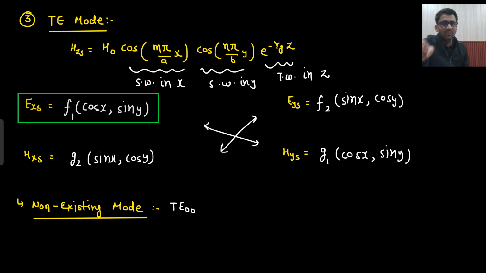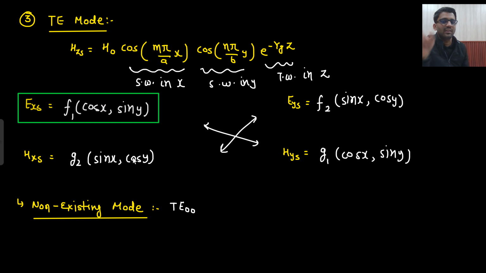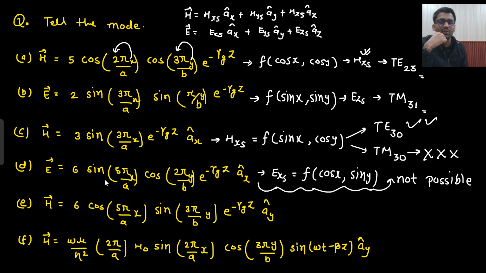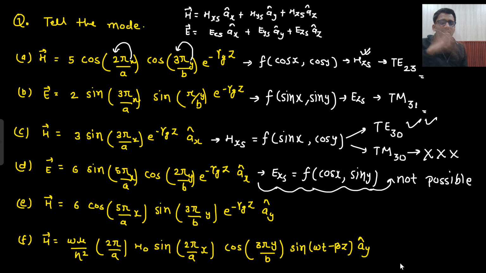Because whether it is TE mode or it is TM mode, Ex will certainly be a function of cos x sin y. But here what they are saying, that your Ex is a function of sin x cos y. Is that possible? No, not possible. So this expression itself is wrong. So it is neither TM mode, nor TE mode, it is no mode. This expression is not even possible.